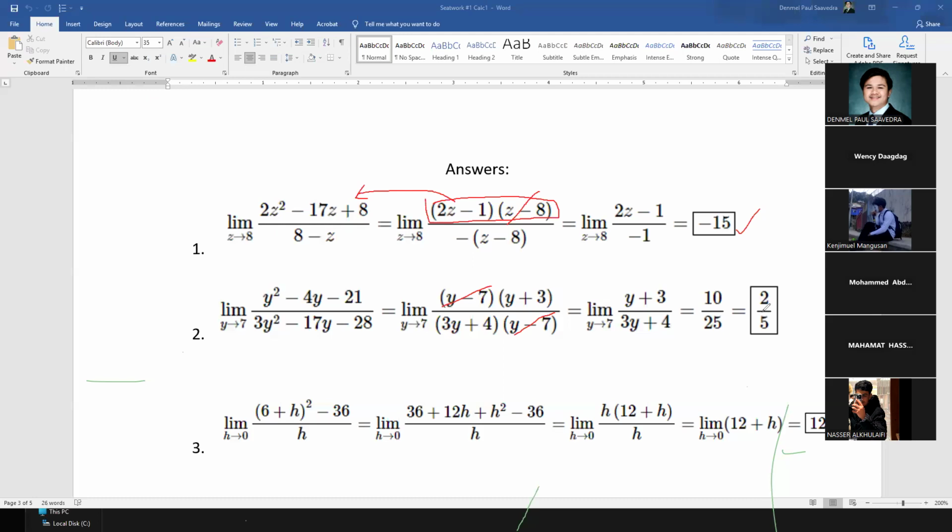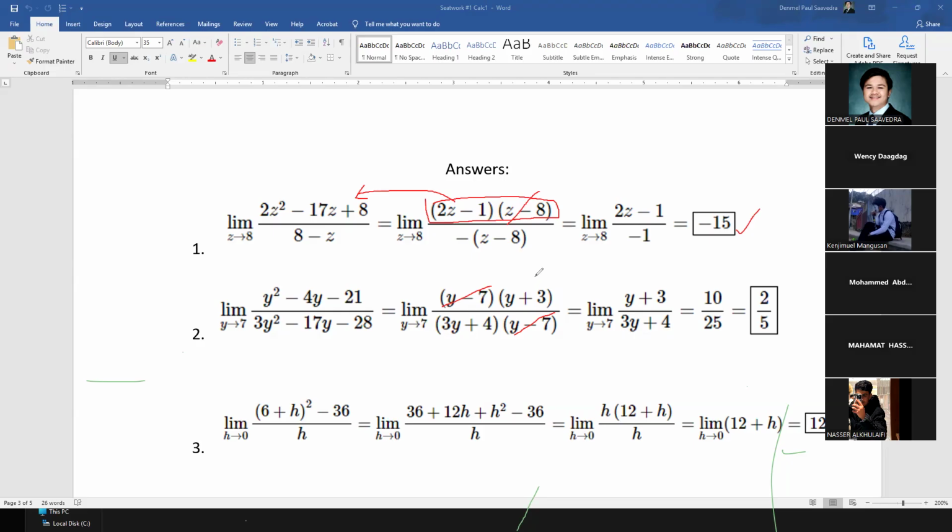Did you guys get the idea so far? Yes. Okay, very good. So again, in limits, indeterminate is not a good answer to give. If you cannot find any other way, then of course the answer to that problem is indeterminate.